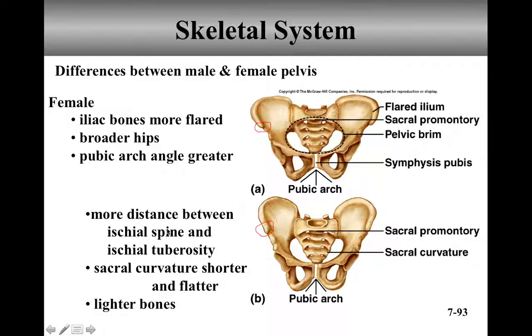You'll also see a little more distance in the female pelvis between the ischial spines and the ischial tuberosities, and the sacral curvatures are a little bit shorter and flatter. And females tend to have just a little bit lighter bones than the males. And so there you have the difference you can see in that pelvic brim between the male and the female are also a little bit different.